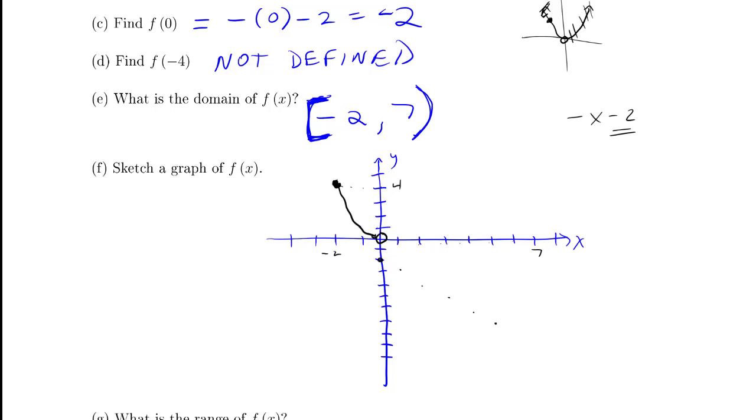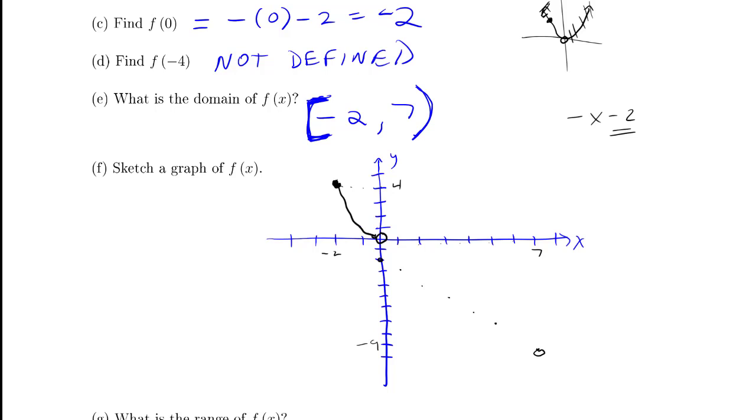All right, so when I plug in 7 into -x minus 2, that should give me -9. So 1, 2, 3, 4, 5, 6, 7, 8, 9. I missed that. So that should be over there. Oh, except we don't include it. We were open there.